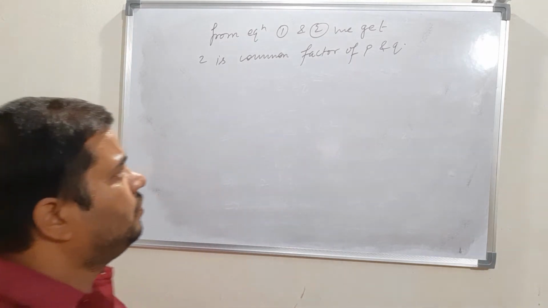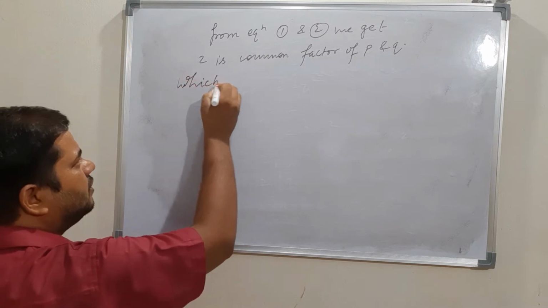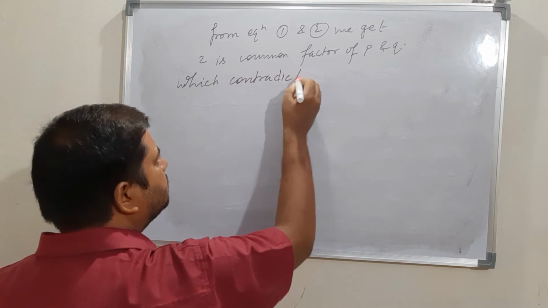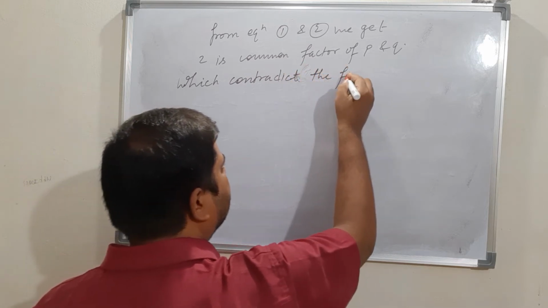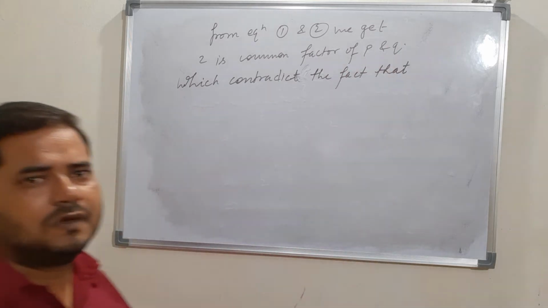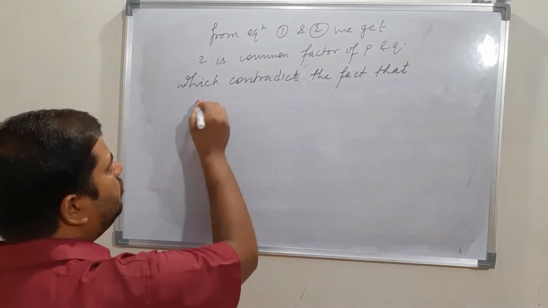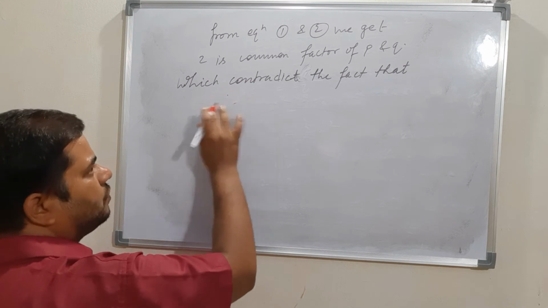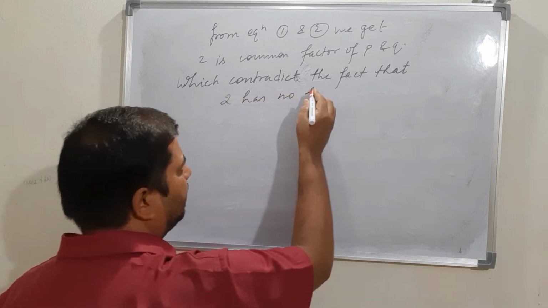So this is the contradiction, which contradicts the fact that p and q have no common factor.